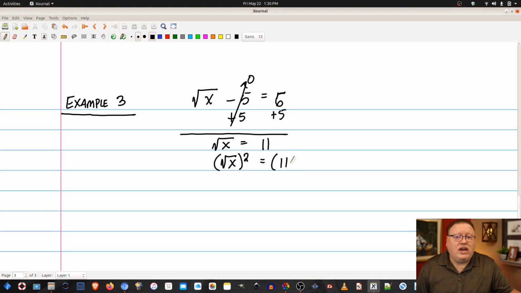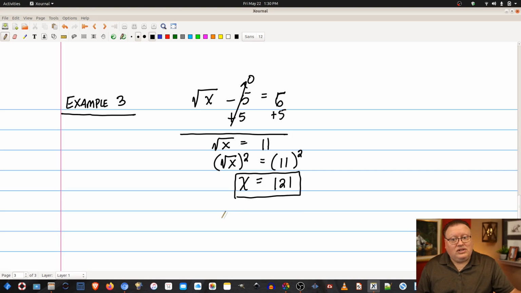And then we also have to do the same thing on the right-hand side. So we're going to square that 11 as well. So this square root of x squared is just x. And 11 squared, if you remember your multiplication tables, is 121. And that is your solution.